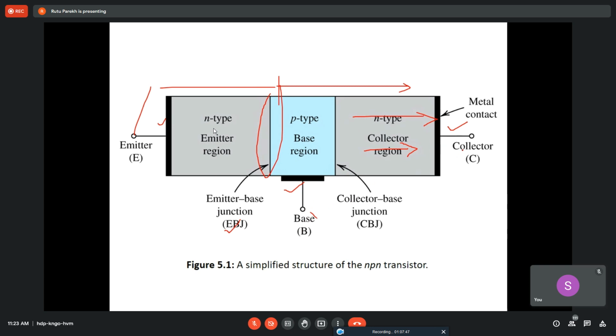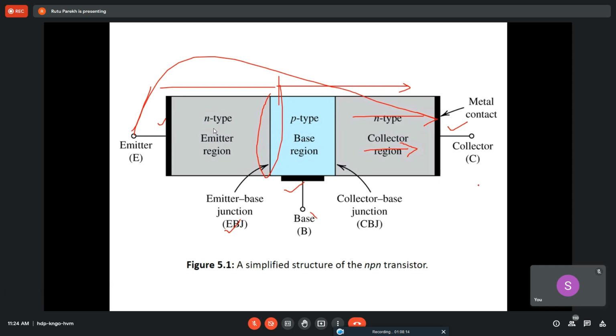Or if you give some voltage here and some voltage here, you can also find out the difference between emitter and collector, and there are conditions. With 3 terminals and 2 different voltage sources, you have an option to connect the polarities, because there are 2 voltage sources and each has 2 polarities.